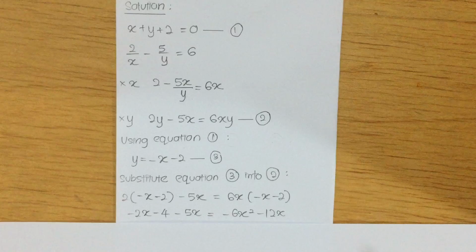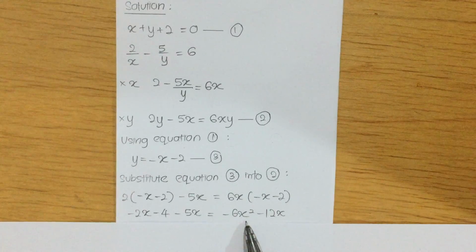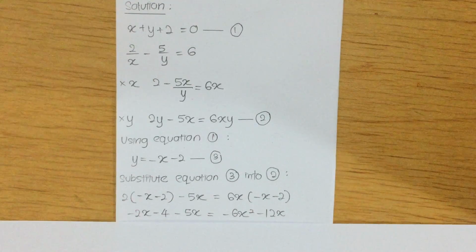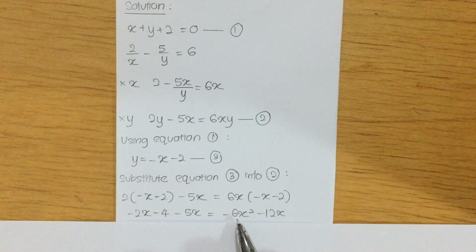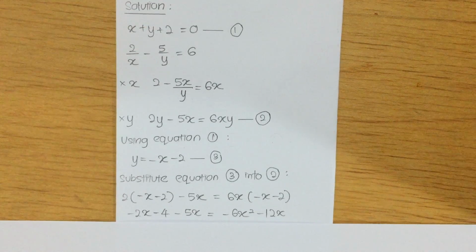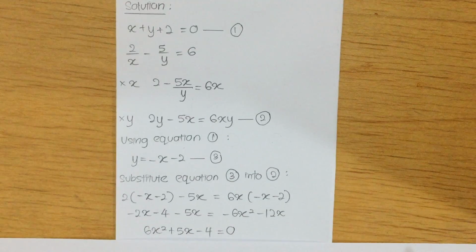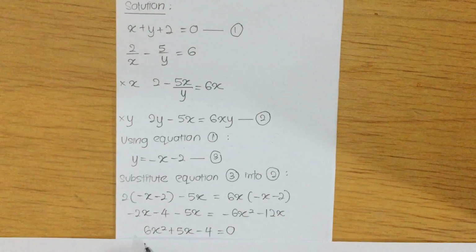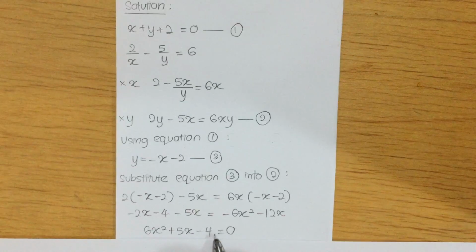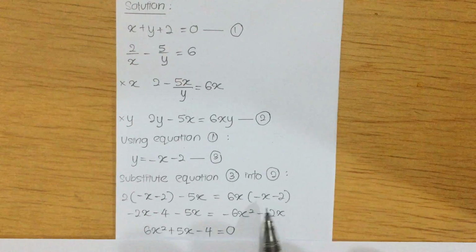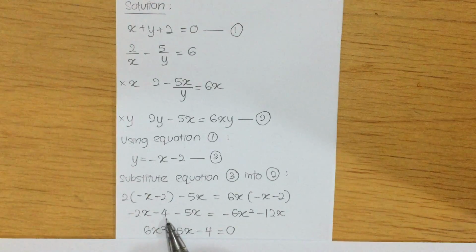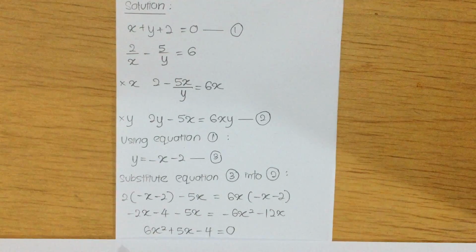Now we're going to bring this 6x squared and 12x to the left hand side, so that we make our coefficient of x squared positive. The reason why I'm doing this is to make my calculation easier guys. Later on you should be getting your answer 6x squared plus 5x minus 4 equal to 0, because negative 12x when I bring it to the left hand side becomes positive.